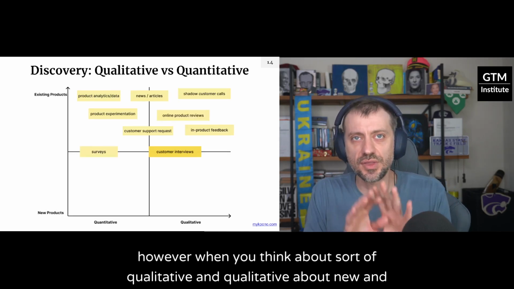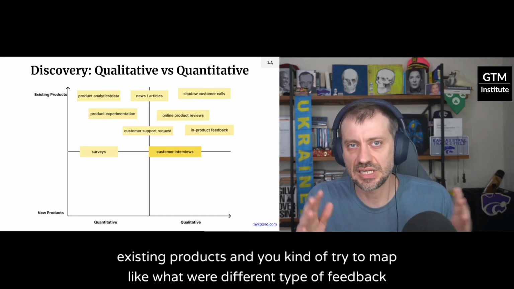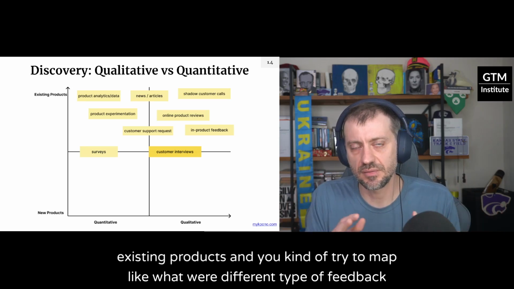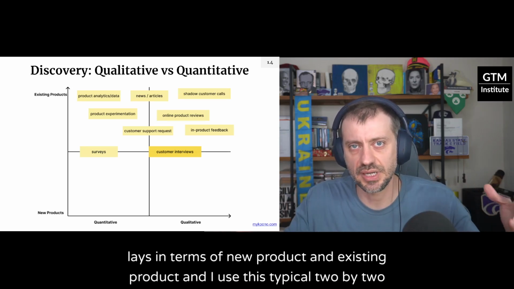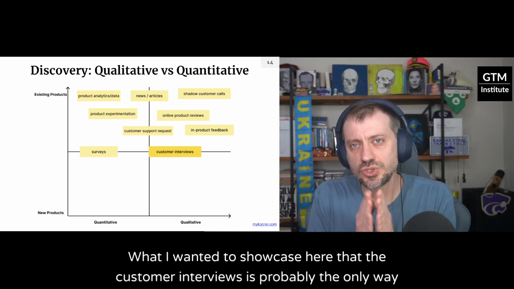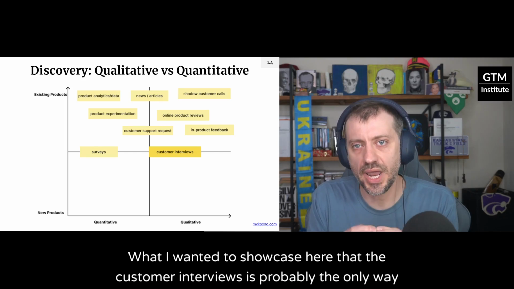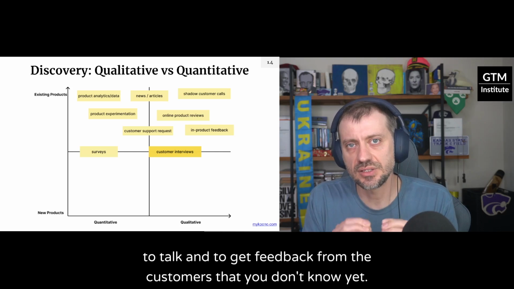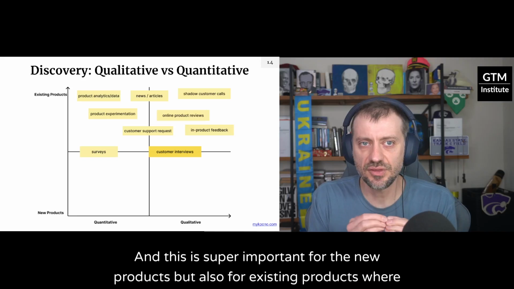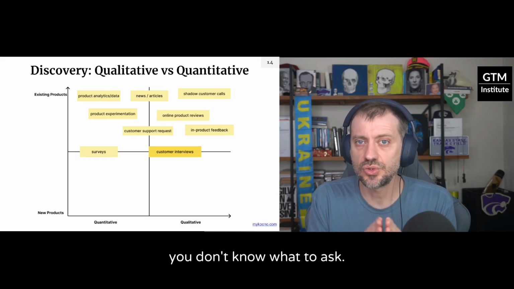However, when you think about qualitative and quantitative feedback for new and existing products, and you try to map what role different types of feedback play for new products and existing products, I use this typical 2x2 matrix. What I wanted to showcase here is that the customer interview is probably the only way to get feedback from customers that you don't know yet. And this is super important for new products, but also for existing products where you don't know what to ask.